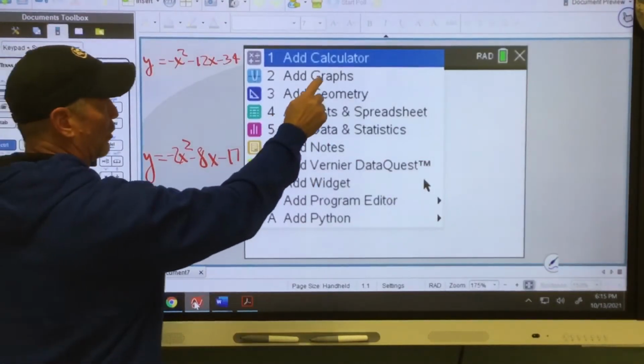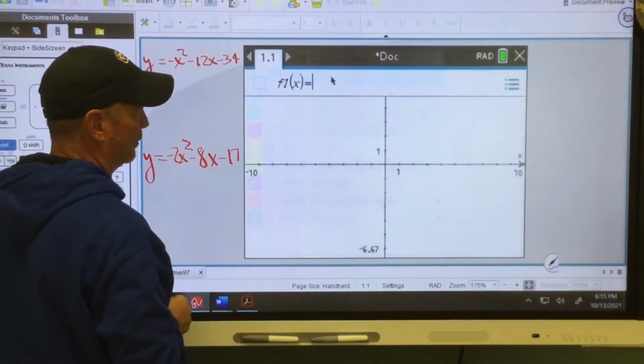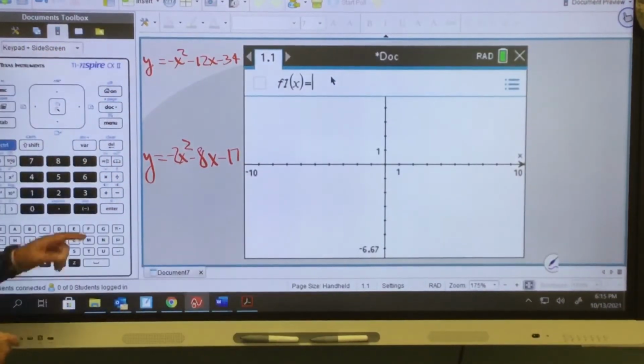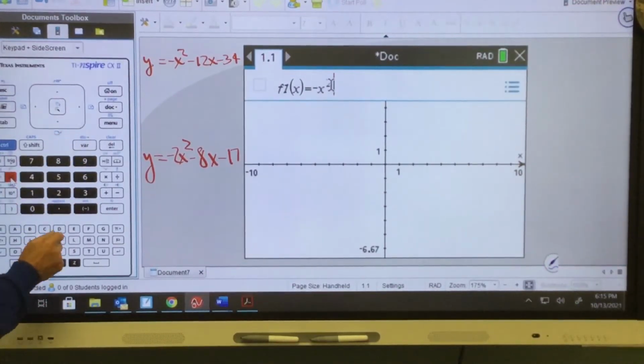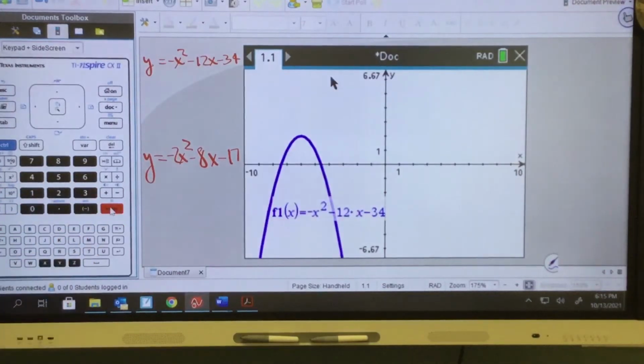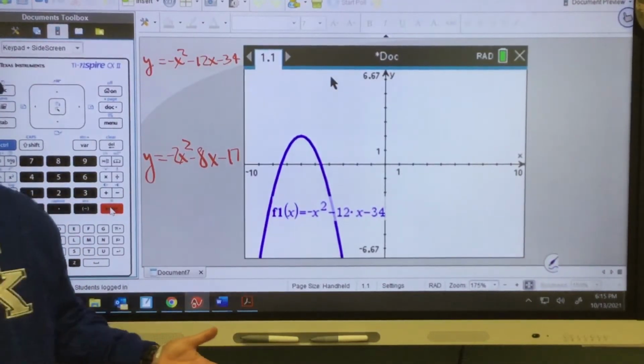All right, so I need to do a graph. I type in my equation, negative x squared minus 12x minus 34. Enter. Okay, there's my graph.